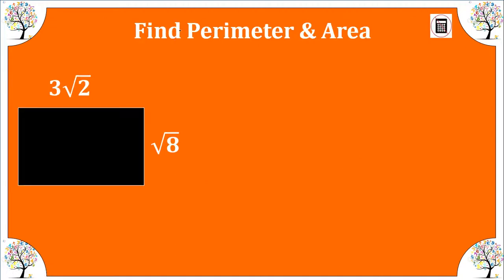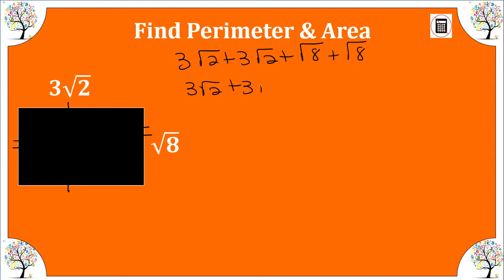Let's find perimeter. Remember, perimeter is distance around. So this side and this side are equivalent, and then these two ends are equivalent. So we're going to have 3 radical 2 plus another 3 radical 2 plus radical 8 plus radical 8. Let's simplify the radical 8s into 4 times 2.